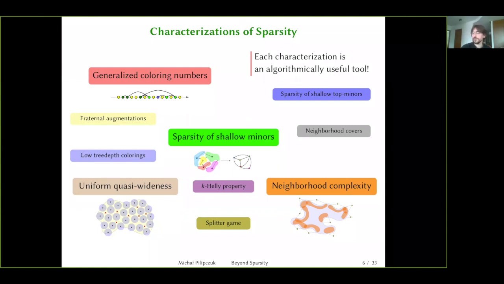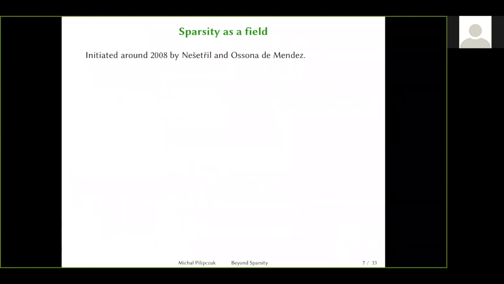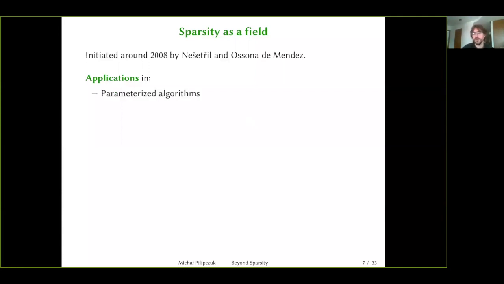There's also a VC dimension view on sparsity via those so-called neighborhood complexes, and many, many others. So all these notions that you see now on the slide are like tools that you can use for sparsity. They are equivalent characterizations of bounded expansion or nowhere denseness, and each of these tools gives you a technique that can be used in the algorithmic context. So this sparsity as a field was initiated, let's say, 10 years ago by Jarek Nešetřil and Patrice Ossona de Mendez, and by now it really grew substantially and has found many algorithmic applications.